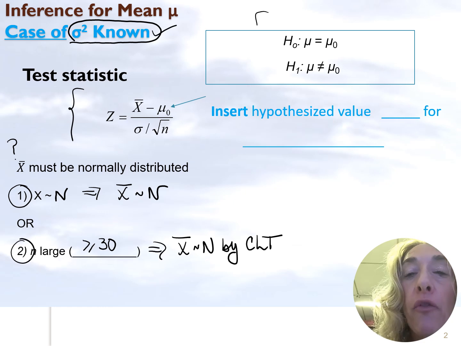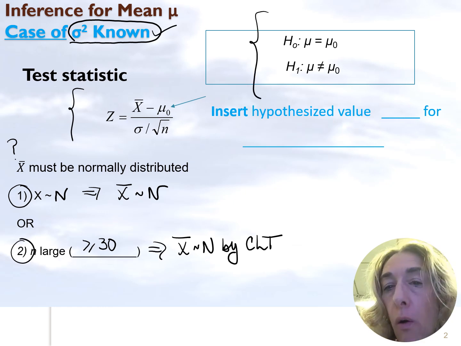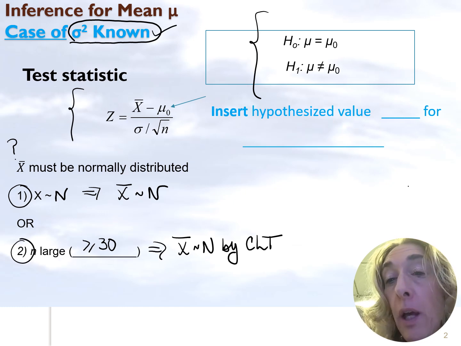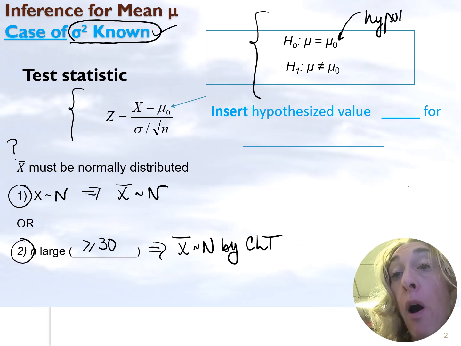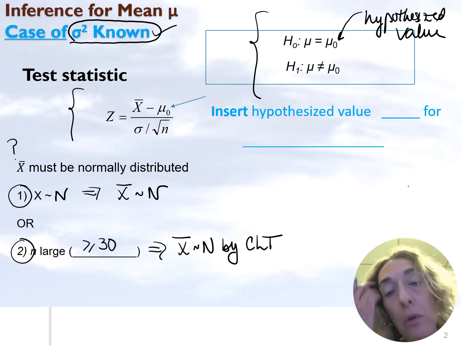For a hypothesis test, this is what the null and the alternative hypotheses look like. Mu equals some value, we call this mu naught, mu sub 0. This is our hypothesized value for mu, versus the alternative that directly opposes it, mu not equal to mu naught.